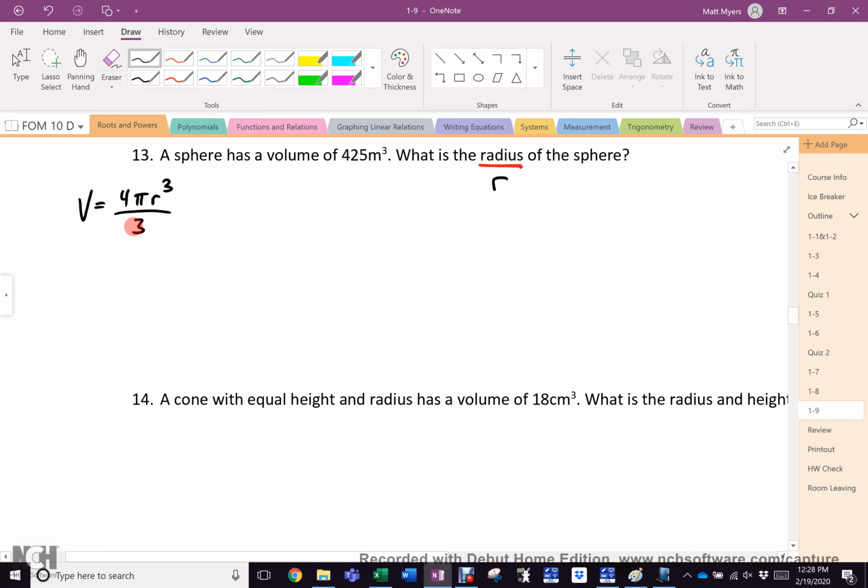How many unknown values are there? Only 1, because we know the volume is 425. So this becomes 425 equals 4 pi r cubed over 3. And I want r by itself.